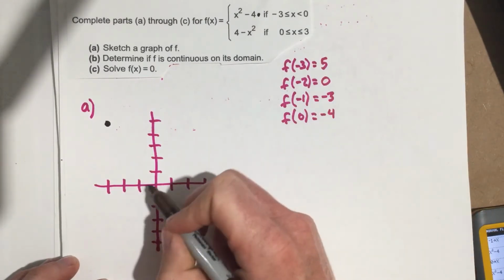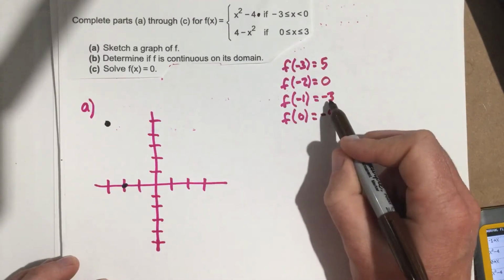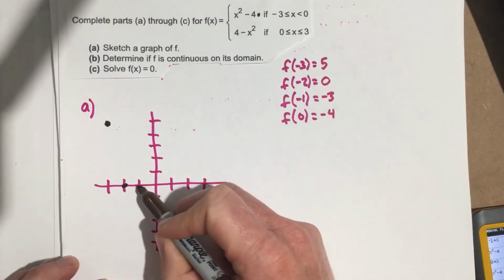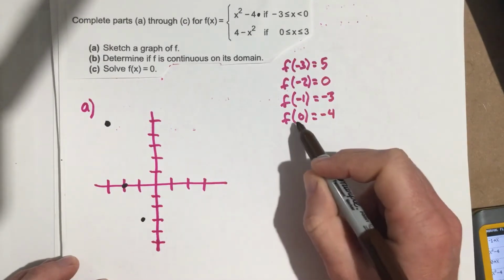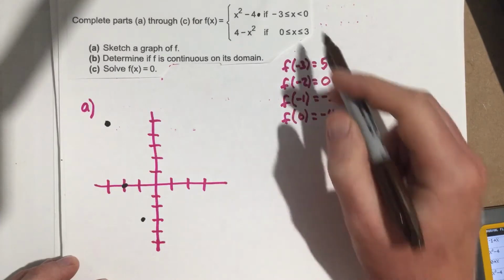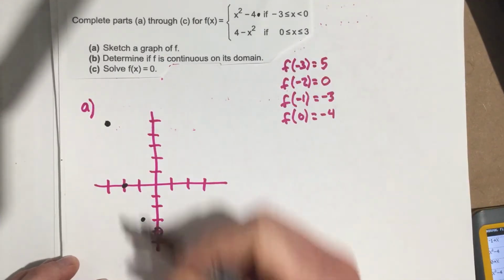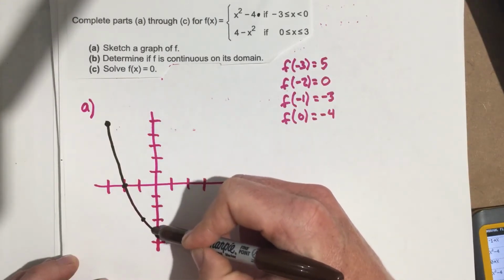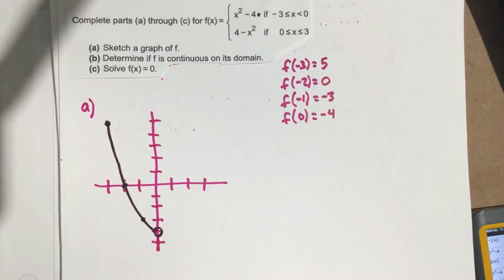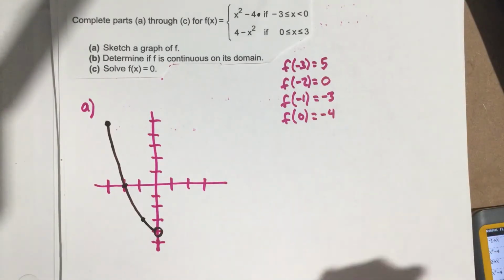So that would be -2, 0 would be here. -1, -3. -1, -3 is here. And finally, I got 0 and -4, but 0 is not part of the domain, so I'm going to put an open circle right there. And this is the graph of the first function. Now the second function, we'll do that in red.